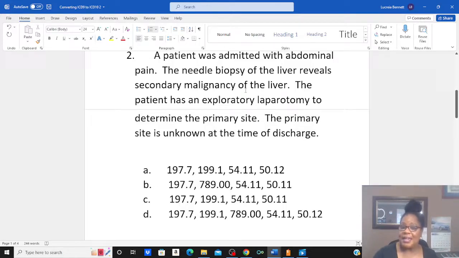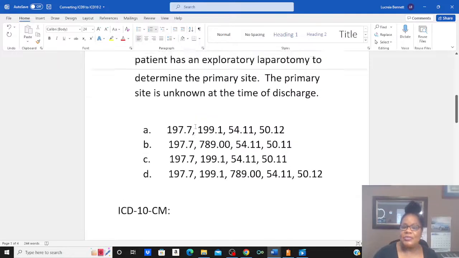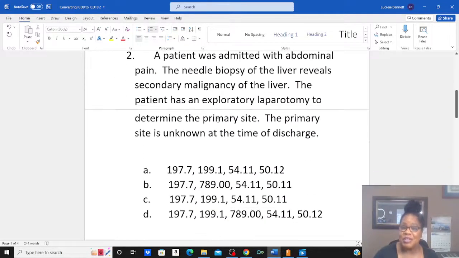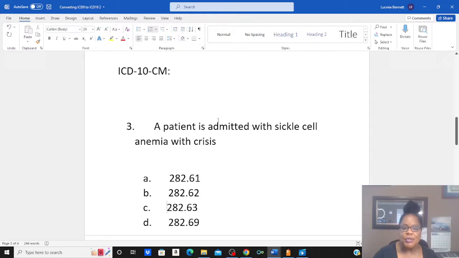So we have a secondary malignancy of the liver, primary site unknown, and a procedure was done. Hint, hint. Read this situation and determine what are the correct ICD-10-CM codes for it.